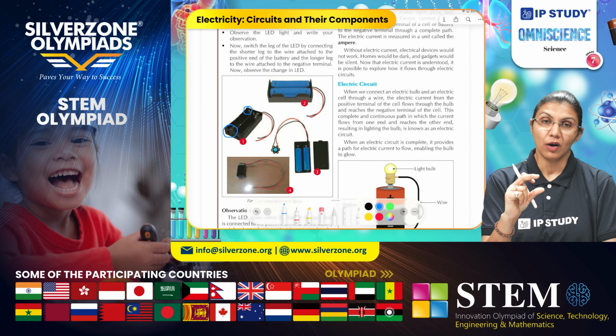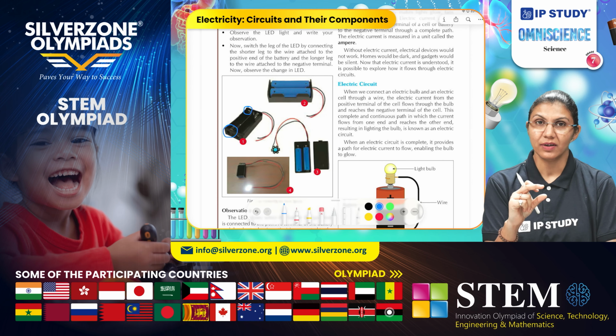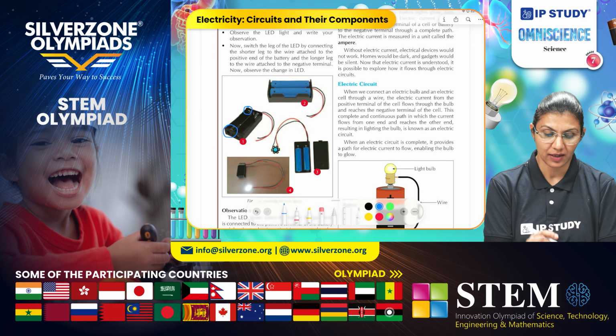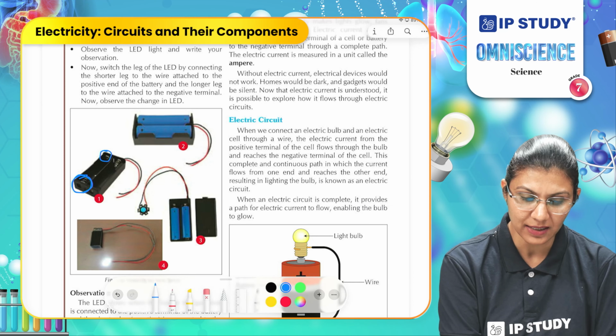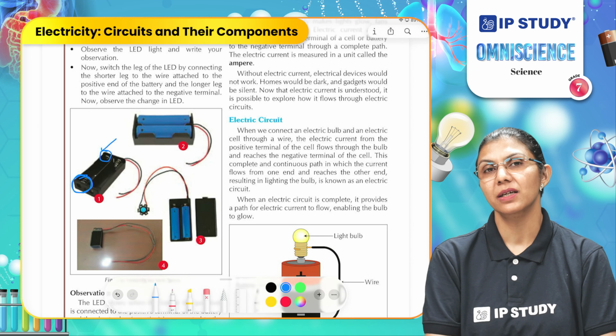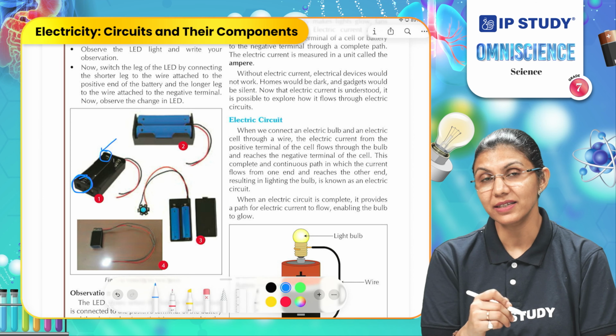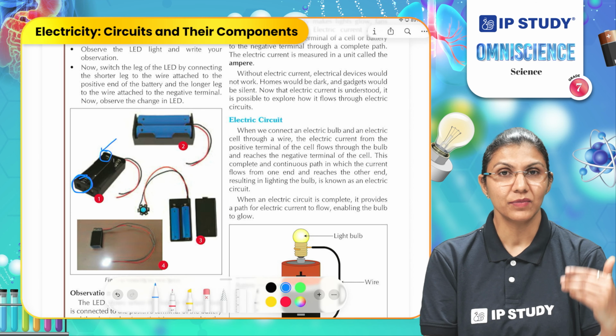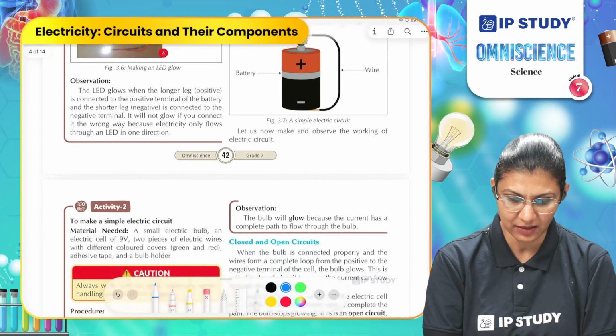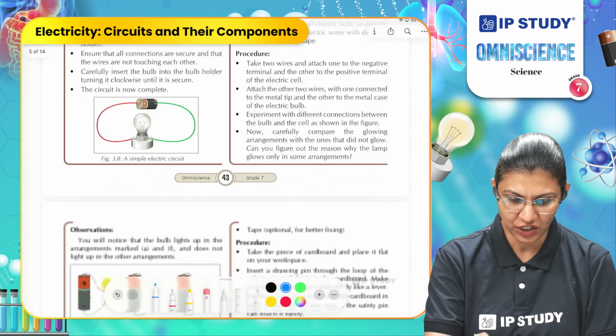The bottom of any cell, which is the negative terminal, is connected to the spring, and the tip of the cell, which is the positive terminal, is connected to this metal tip in a battery case. That's how you can connect a number of cells in a battery case, where they are connected in series. What is the series here? Let's check in which case it will work.